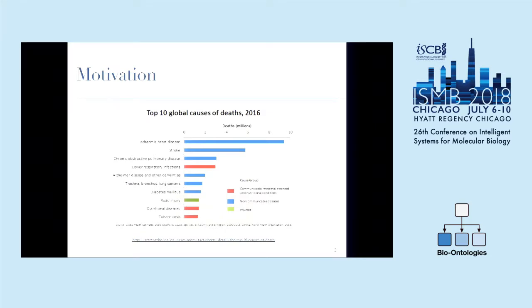Infectious diseases take away millions of lives every year, and this figure is from the World Health Organization's report, showing that infectious diseases, which belong to the group shown in red and cover communicable, maternal, neonatal, and nutritional conditions, are the second most common cause of death in the world.